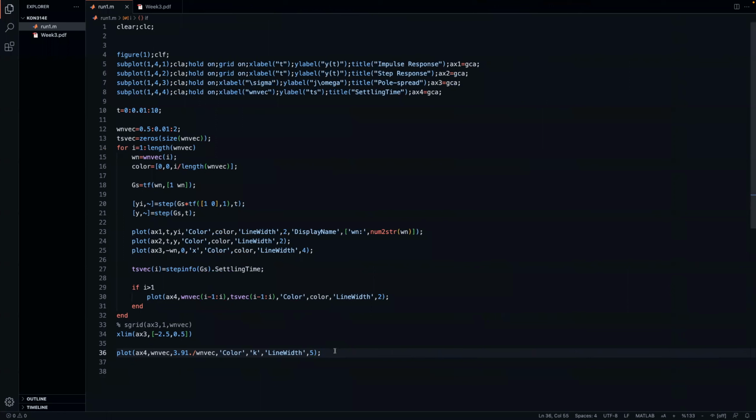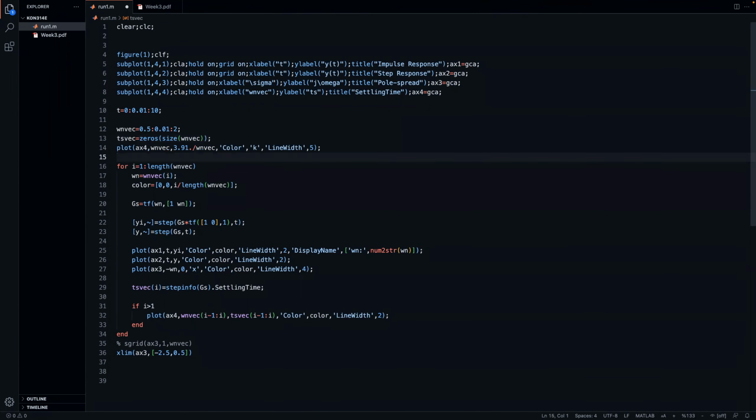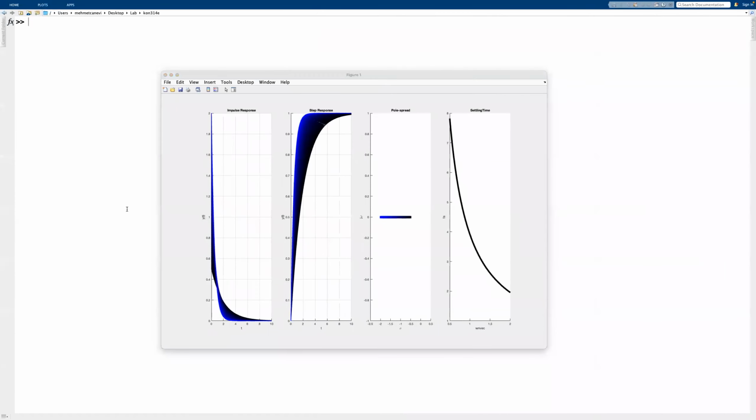So we might want to do this before we have that, and maybe a certain red color to hopefully be visible. So that's kind of it, but I don't know if the gradient is visible, but you get the idea. We can see that 3.91 does actually give us the settling time.